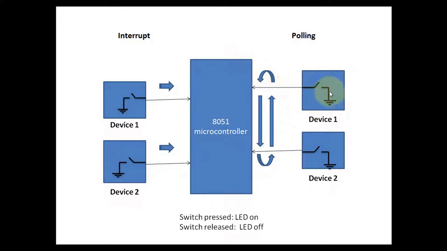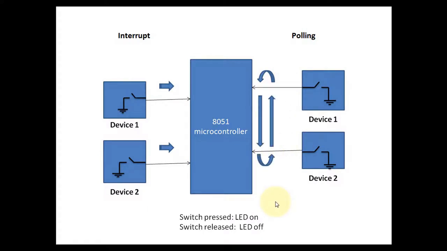If I press a switch, I will give logic 0, so the change in the logic of this pin will get captured by the 8051 microcontroller. This is what we call polling. We are continuously checking the status of these two pins in the while(1) loop.